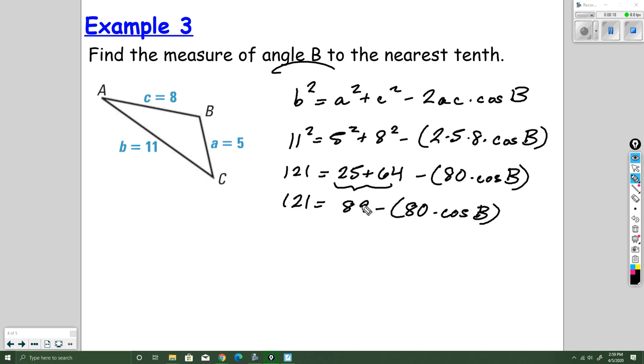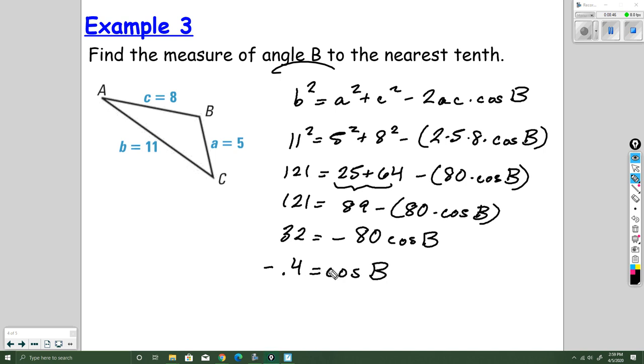So the next thing that we've got to do is subtract 89 on both sides, and we'd get 32 equals, now I'm just going to write it without those parentheses, negative 80 times cosine of B. Now to get rid of negative 80, we just divide by negative 80 on both sides. 32 over negative 80 is about negative 0.4.